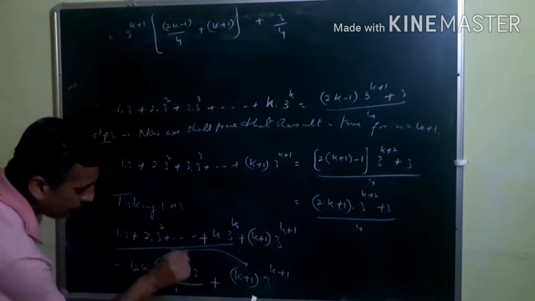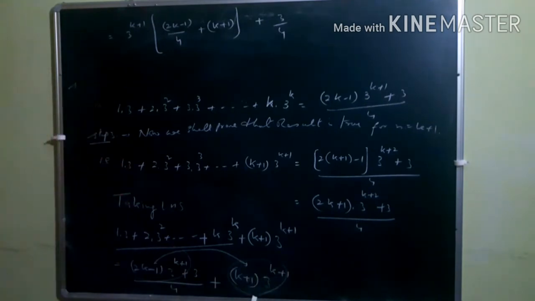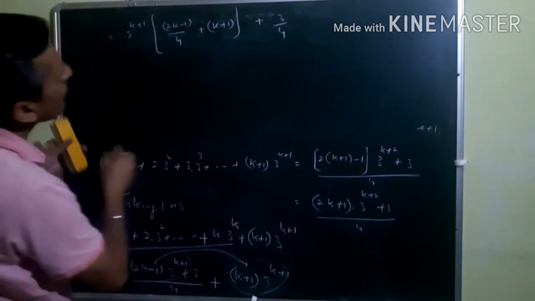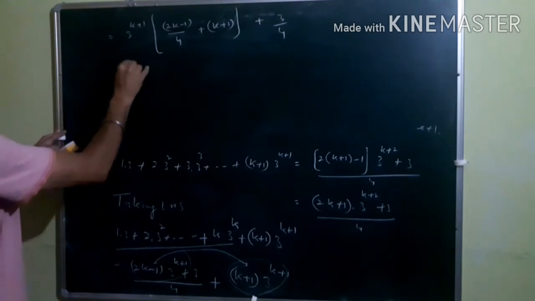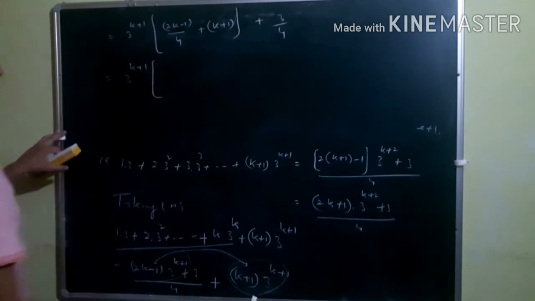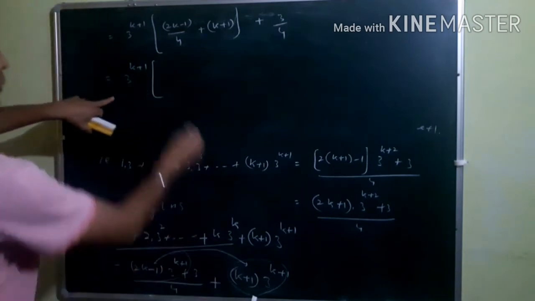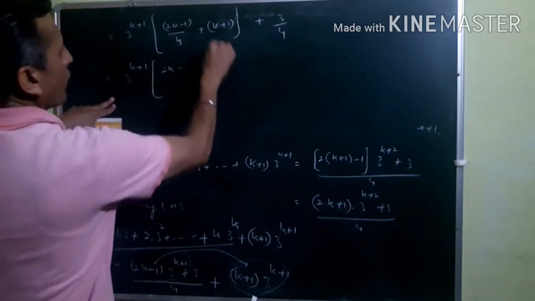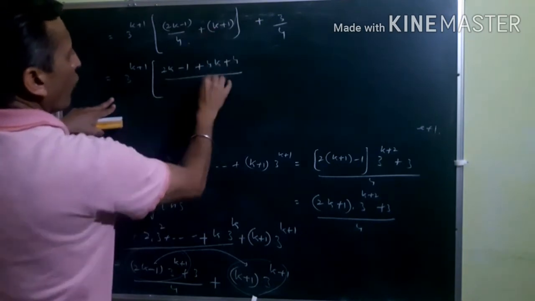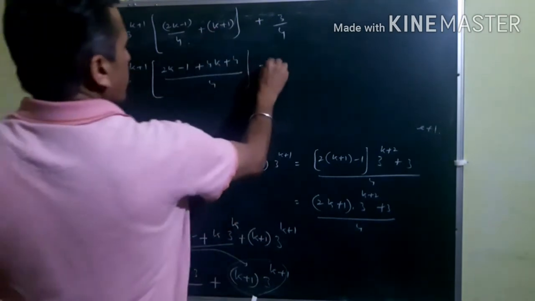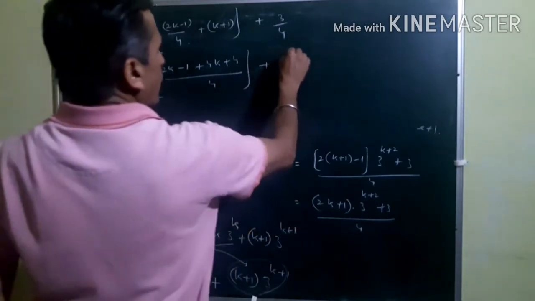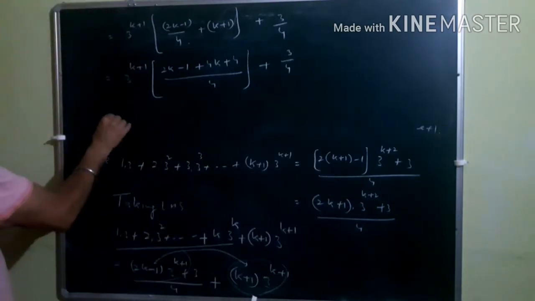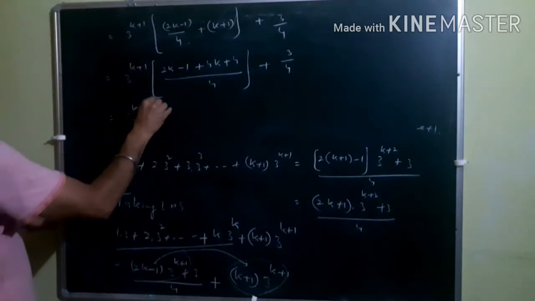So let us solve this part, which is equal to 3 to the power k plus 1 into, taking 4 as LCM, 2k minus 1 plus 4k plus 4, whole upon 4, plus the rest of the part, 3 by 4, which will be the same.